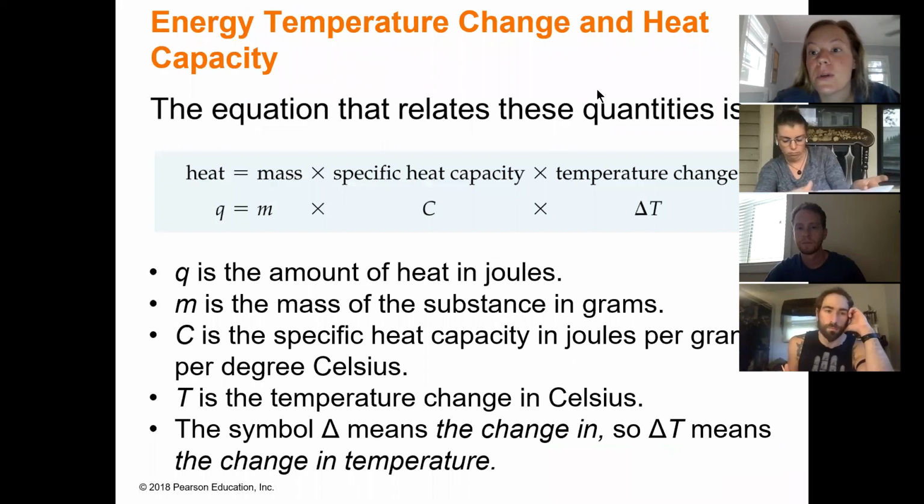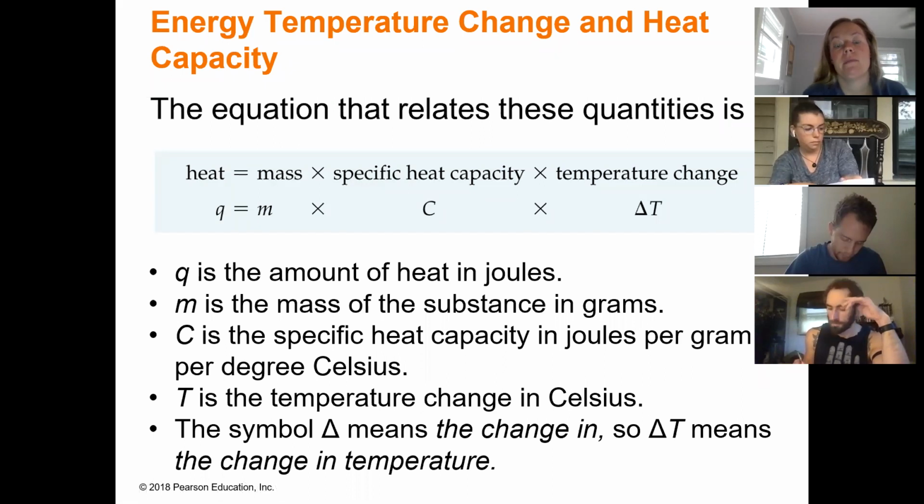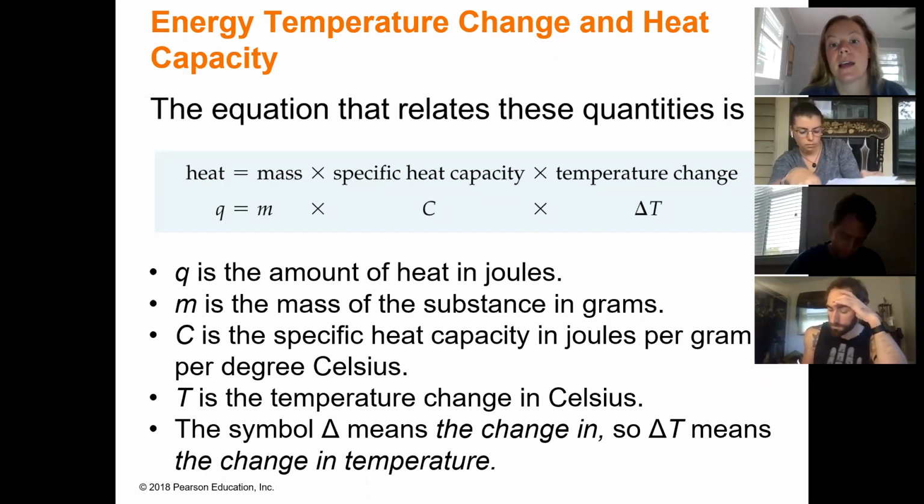So the equation, Q equals MCΔT. Q equals M times C times delta T. Your heat, which is a measure of the transfer of energy in joules, is equal to your mass times your specific heat capacity times your temperature change, delta T, okay?